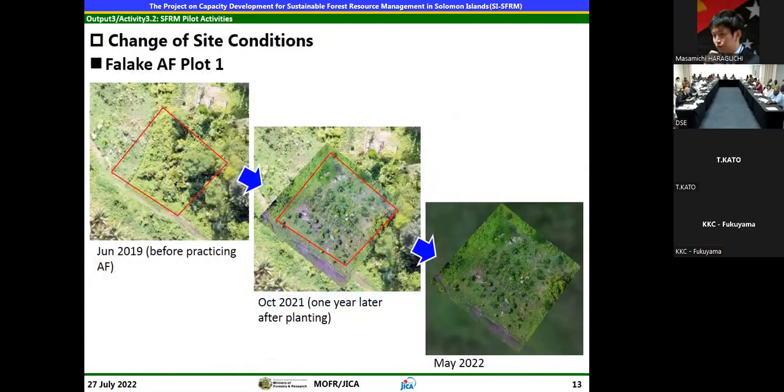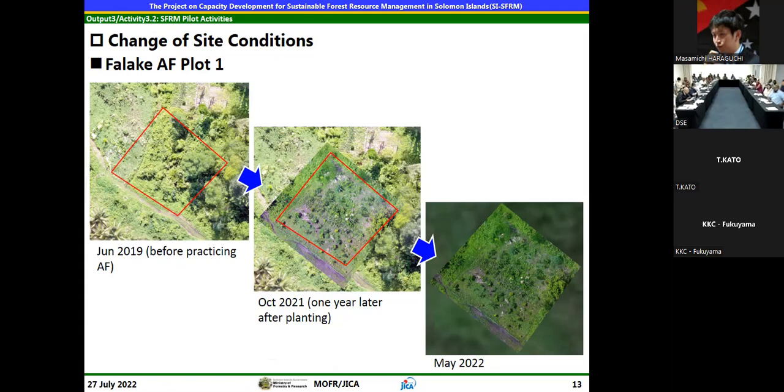Also, there is monitoring of agroforestry plots using drones. As you can see, the agroforestry plot was first established in 2019, and then there are land use changes, as is obvious. Firstly, there's no cutting, and in 2021, agroforestry plots were established.